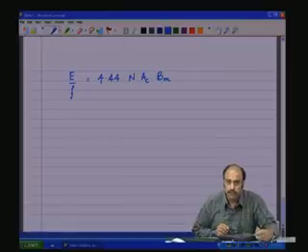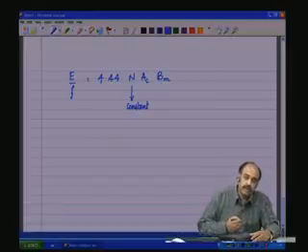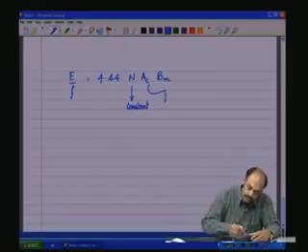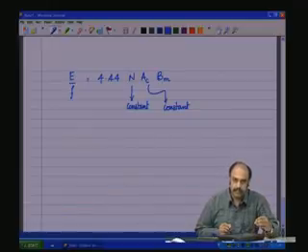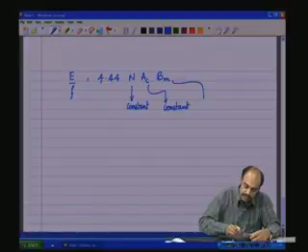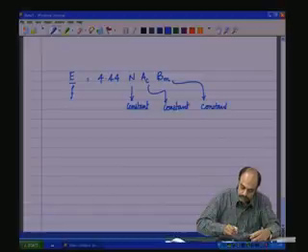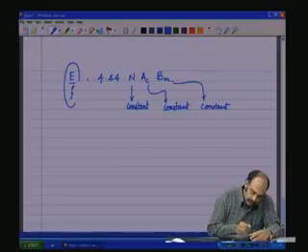So, for a transformer design, once a core is chosen and the number of turns are fixed, the maximum operating flux density in the core is also fixed. Which means this figure is a constant.